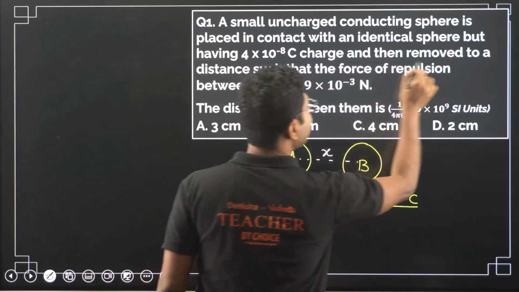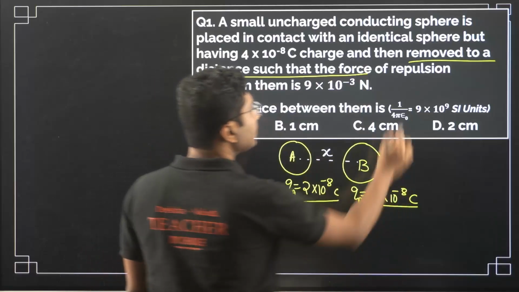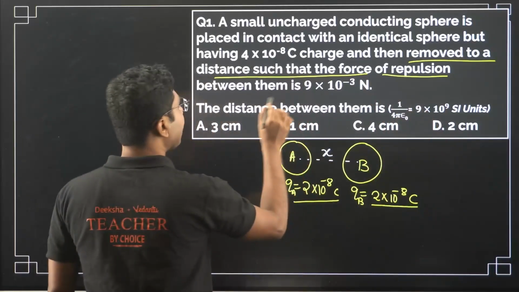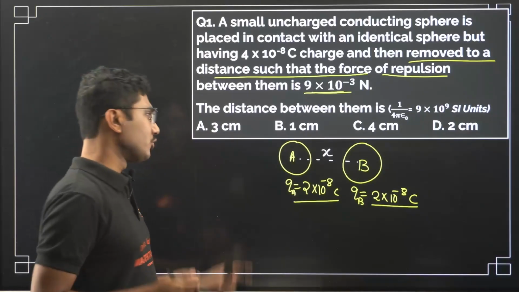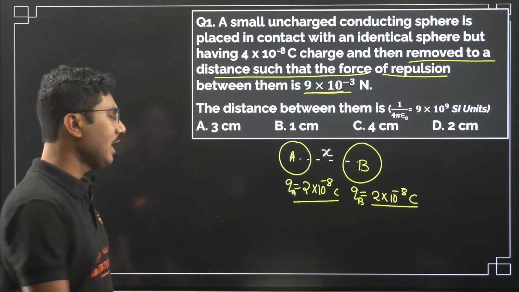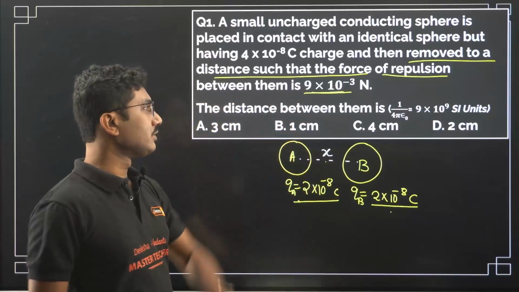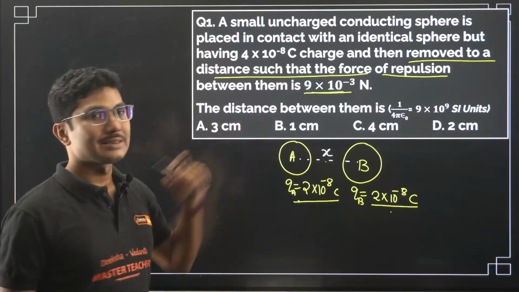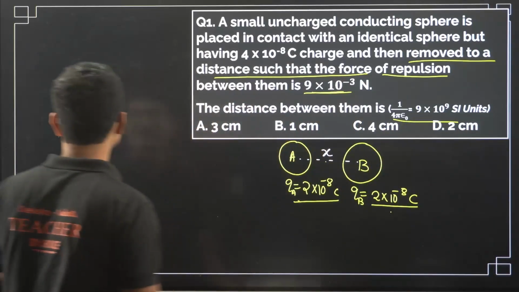Charge and then remove to a distance such that the force of repulsion between them is 9 into 10 to the power of minus 3. So force of repulsion is given. Two charges, distance is unknown, force is known. You have to find the distance. The value of K is also given to you. So easy question.